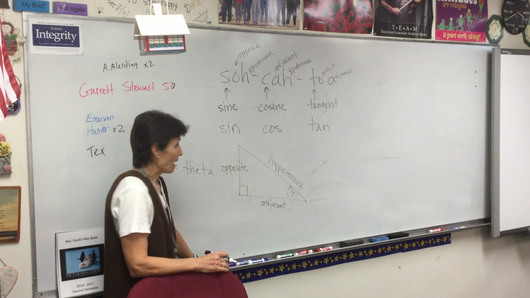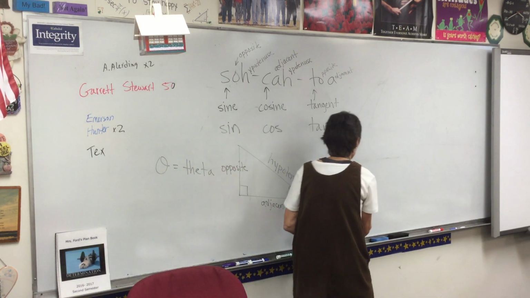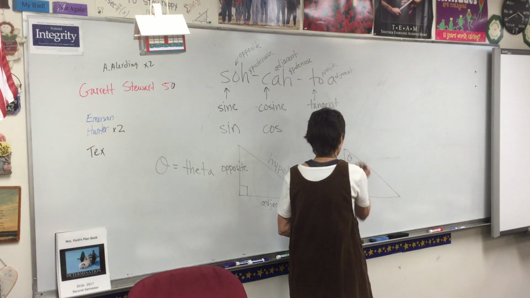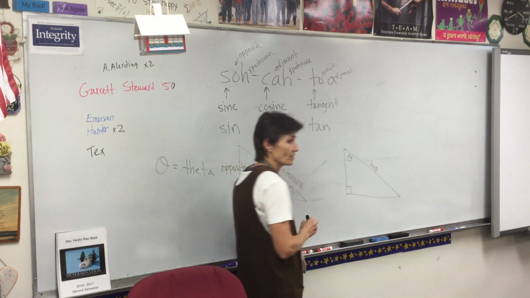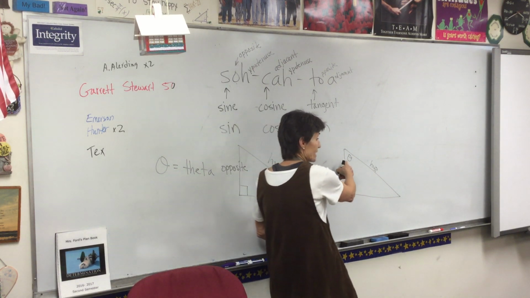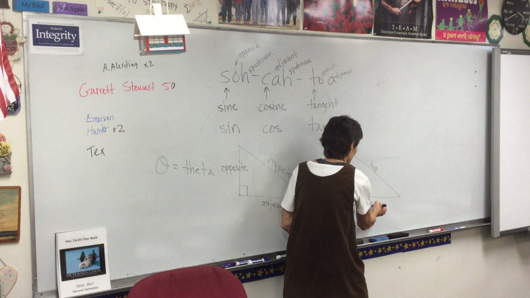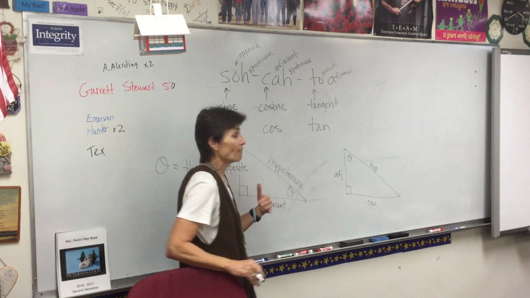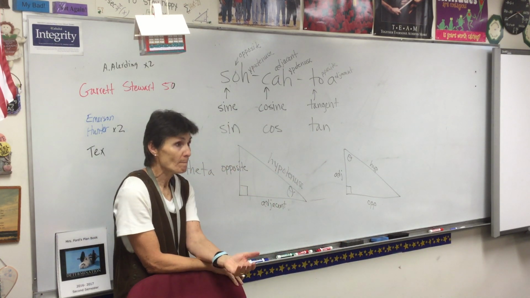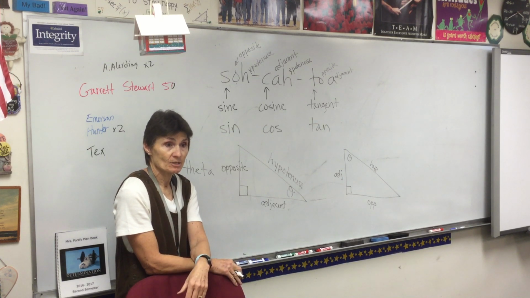Now, if I put theta here, this is still a hypotenuse. That isn't going to change. But if that's theta, then this would be the opposite side, and this would be the adjacent side. Opposite means across from, adjacent means next to.